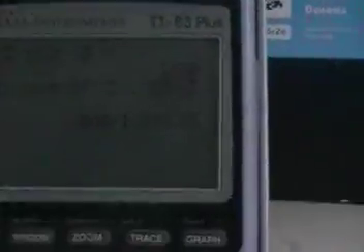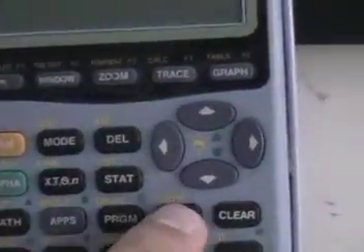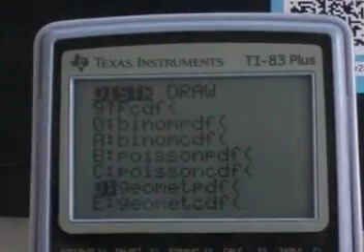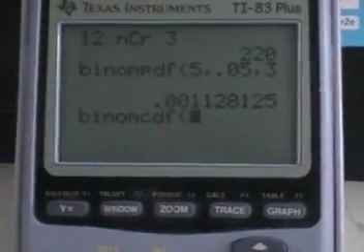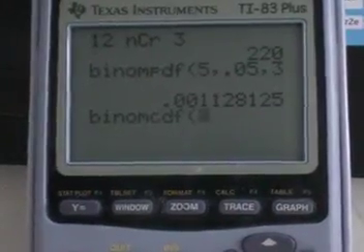So by doing a binom CDF, second vars, up arrow till you get to binom CDF, I'm going to do it as if I'm doing the opposite of what the question wants.